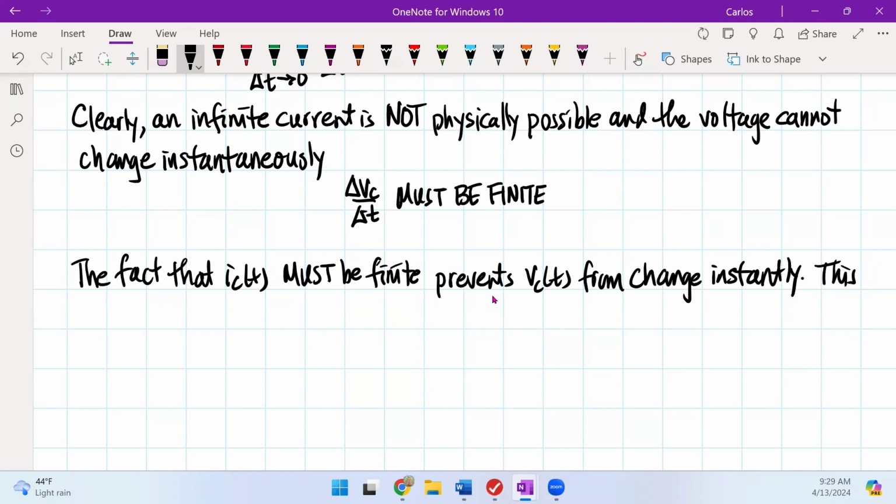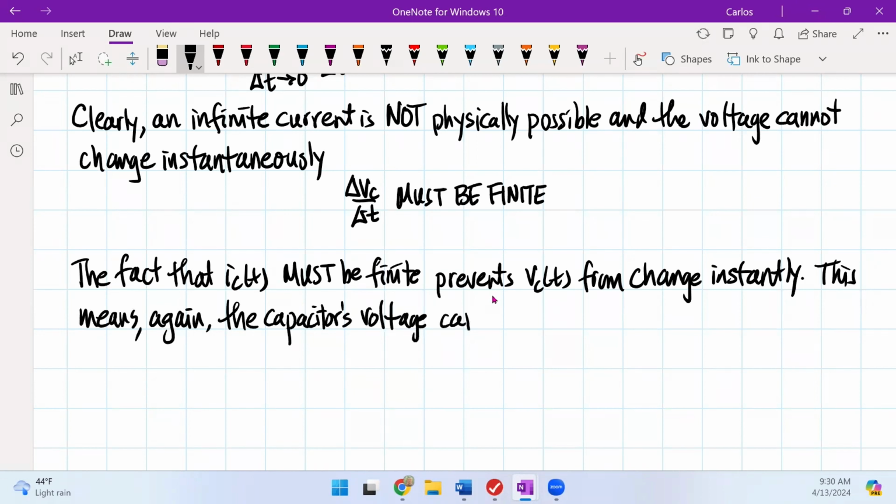This means, again, the capacitor voltage cannot change instantly.